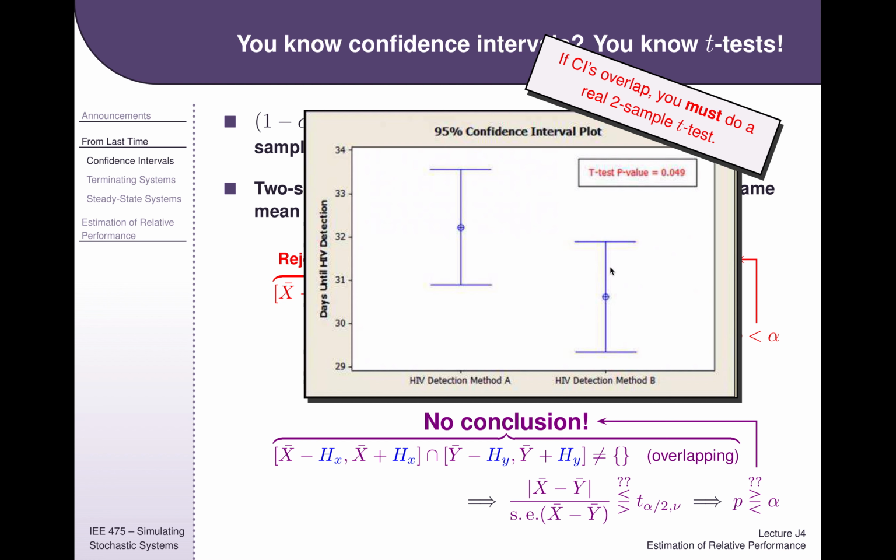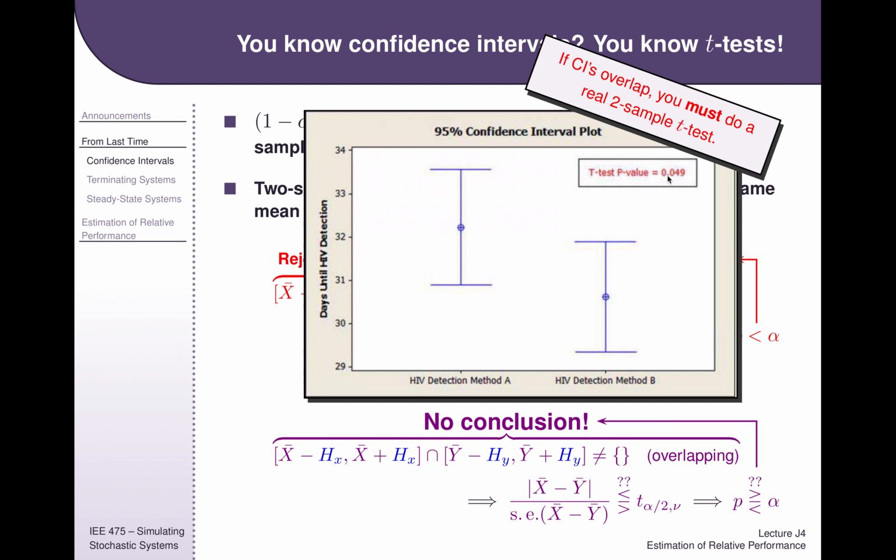But then you put the confidence intervals up there, and because they overlap, you might conclude that they must be the same. But if we actually do the two-sample t-test, we find that you get a p-value that's less than 0.05. Even though the confidence intervals overlap, the p-value is less than 0.05.